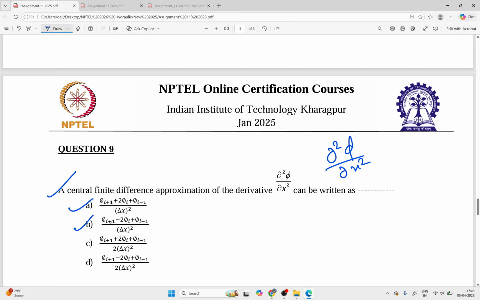Option B, phi i plus 1 minus 2 phi i plus phi i minus 1, the similar thing, here 2 phi i with a minus. Option C, phi i plus 1 plus 2 phi i plus phi i minus 1 by 2 delta x square. Option D is similar to option C, with only a minus here. So you have 4 options.